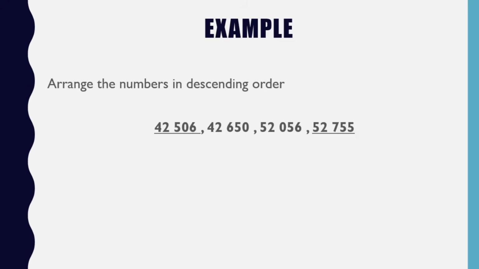Let's have a look at an example for descending order. Arrange the numbers in descending order. As you can see, we have identified the smallest and the largest numbers. 42,506 is the smallest number out of these 4 numbers, and 52,755 is the largest number.